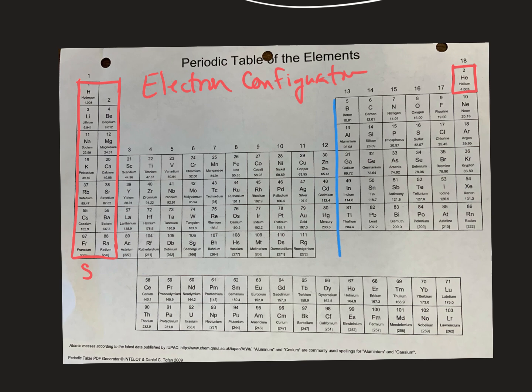The rest of the main group elements, the red and the blue, remember from last time? Did we talk about the main group elements last time? Okay, these are the main group elements. This is the P group. This is lowercase s, lowercase p. And then, what are these metals called again?